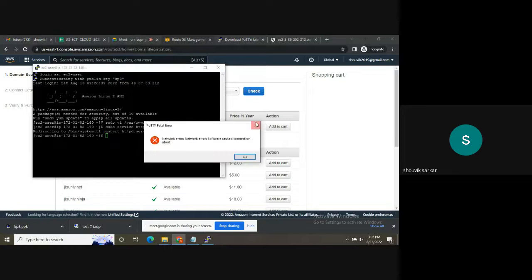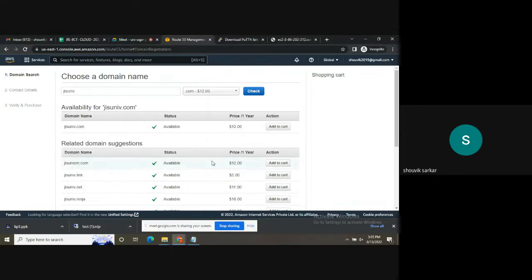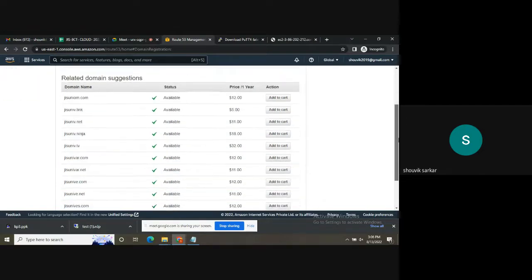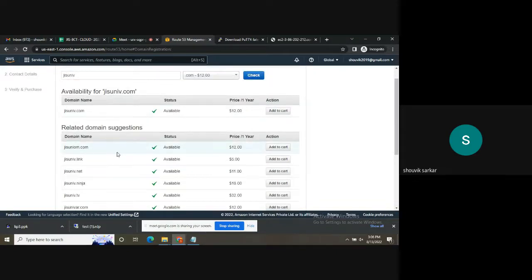Yeah, it's available. But check the cost of this domain name. You need to pay $12, $5. So the minimum for just GIS Univ is $5. So the minimum price you need to pay is $5, that means 350 rupees, right, per year.